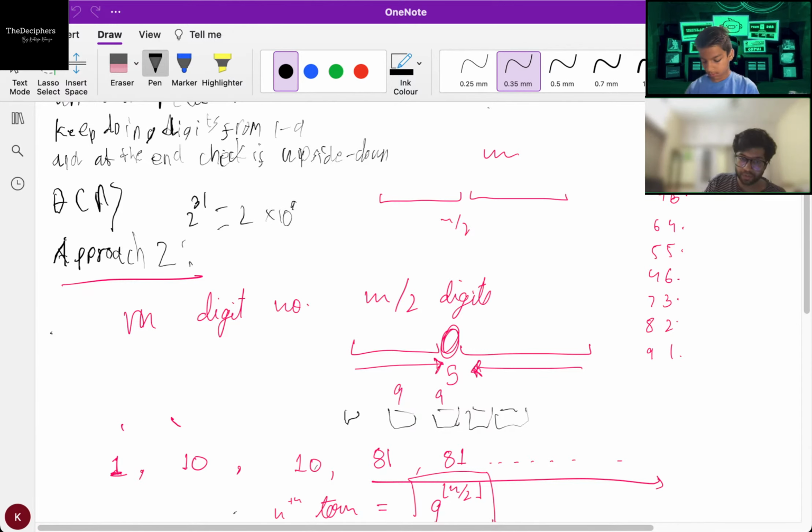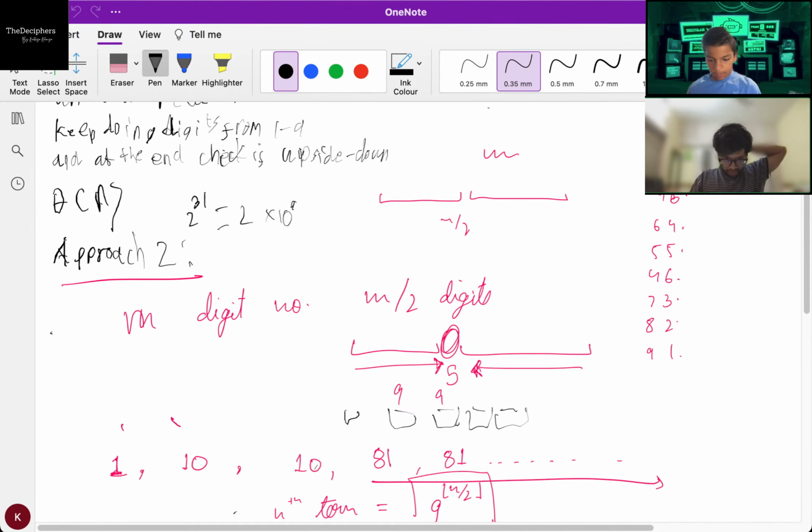So we can treat the first few digits as edge cases. Let's just assign these values, and then for the rest of the digits, we can generate the numbers. 81 times 9 is 729, sorry. Is that fine? Yeah.